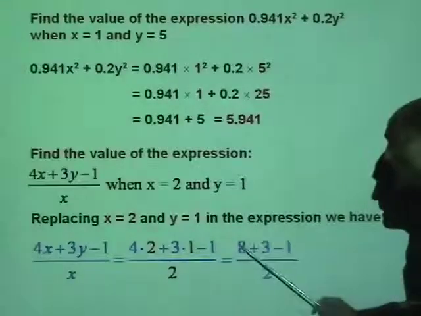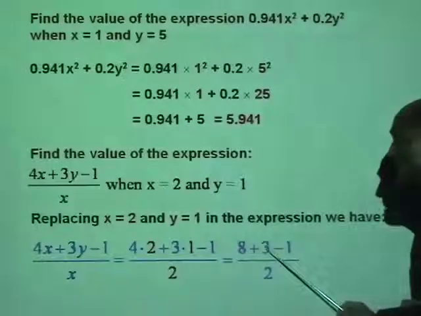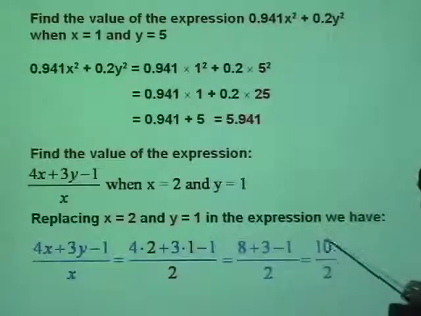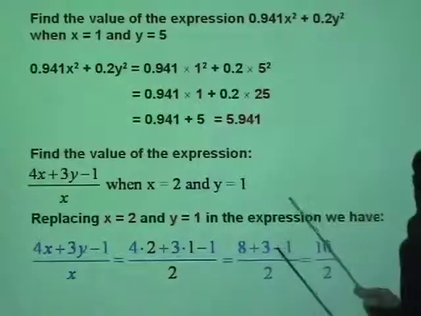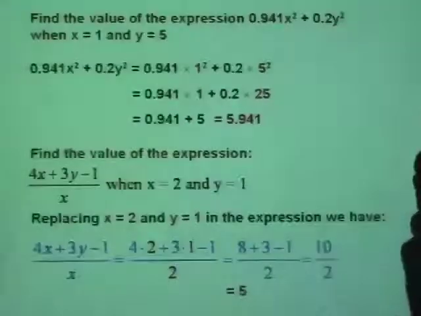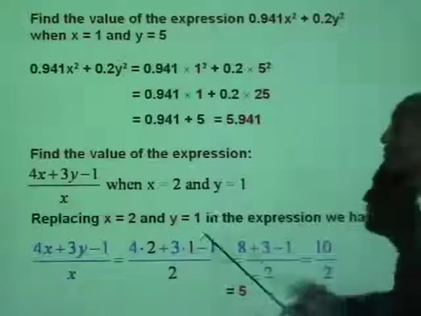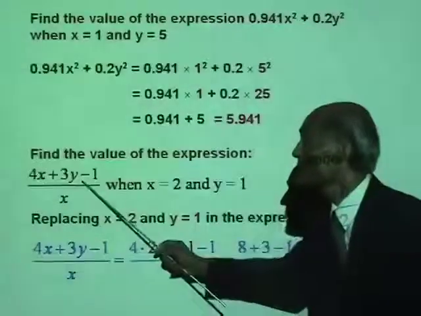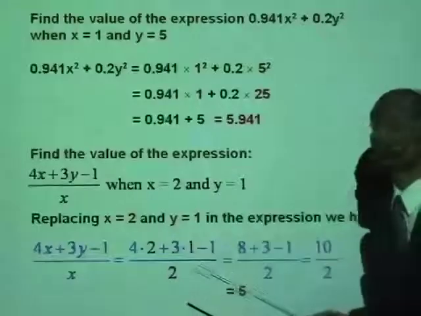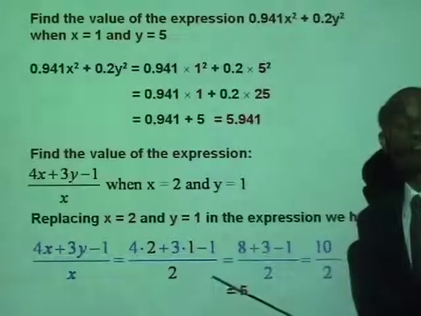What is that? 8 plus 3 is 11. 11 minus 1 is 10. That will be 10 divided by 2. Of course, 10 divided by 2 is 5. The value of this expression when x equals 2 and y equals 1 is 5.